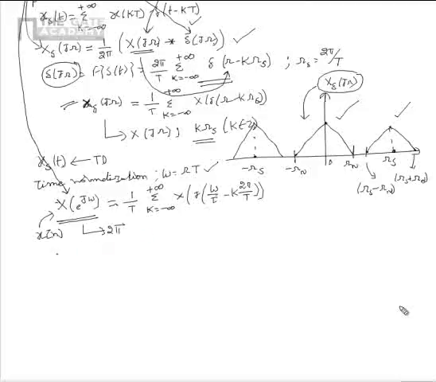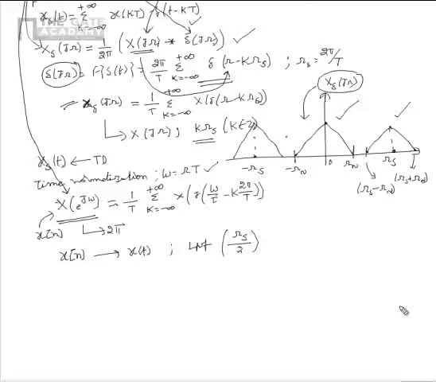Now, to reconstruct the original signal back, that is, to get x(t) from x[n], we see that by using a low pass filter with the cutoff frequency as ω_s/2, we can reconstruct the original signal back.